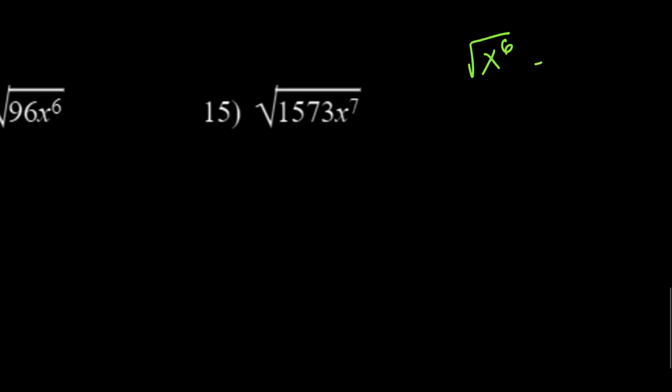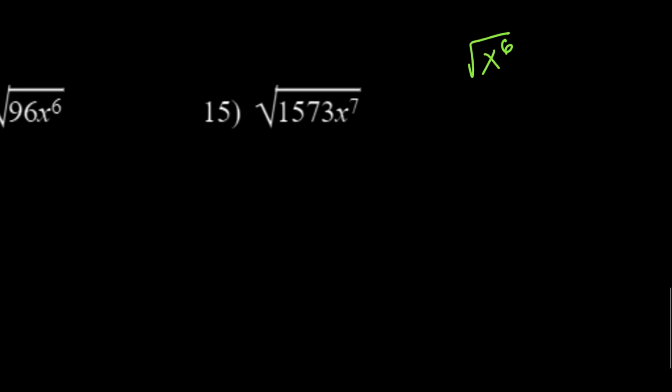Divide it in half, because you're literally asking yourself, okay, so what x times itself will be x to the 6th power, right? Well, what do we do when we're multiplying variables with exponents? What do we do to the exponents? We add them. So x to the 3rd power times x to the 3rd power is x to the 6th power, right? So the square root of x to the 6th is x cubed.